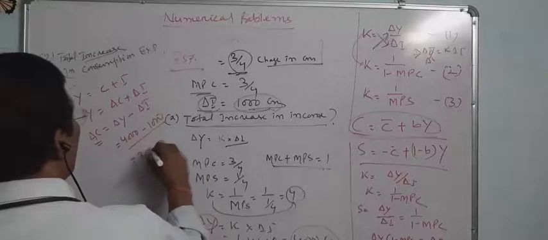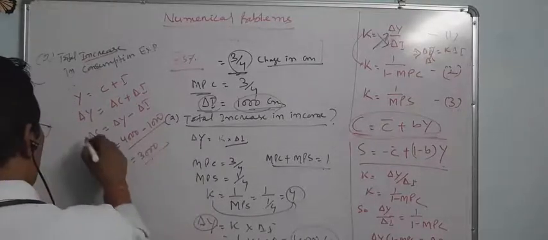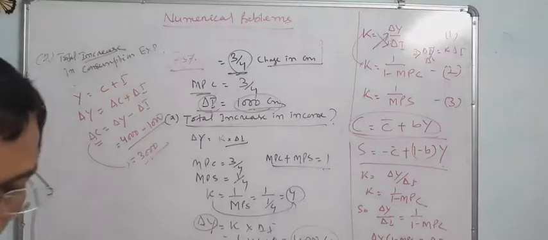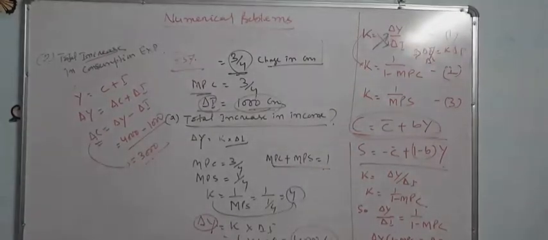So 4000 crores minus 1000 crores equal to 3000 crores of rupees, that is delta C. Total increase in consumption is 3000 crores of rupees.